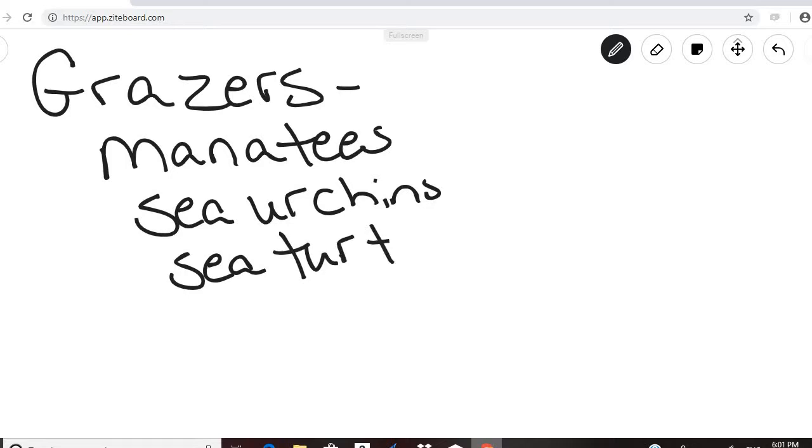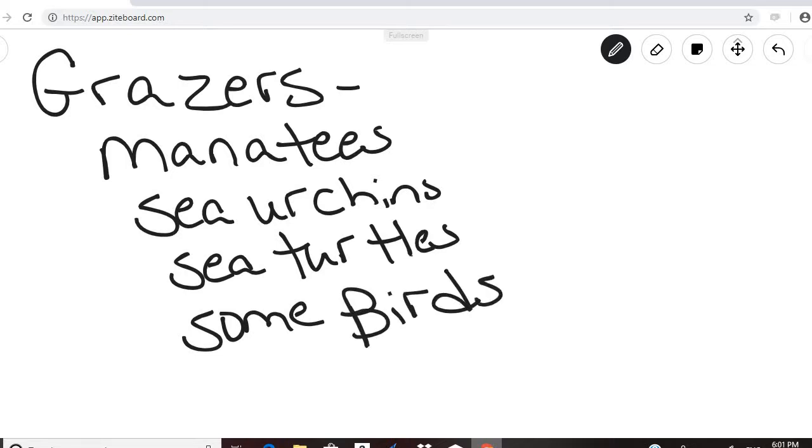There are also some birds that will eat the plants. So in the vegetated area of the soft bottom continental shelf is where you will find these organisms living.